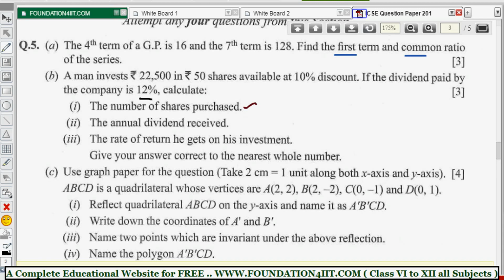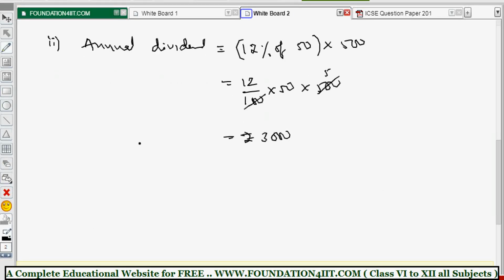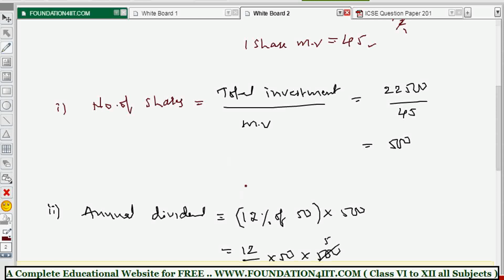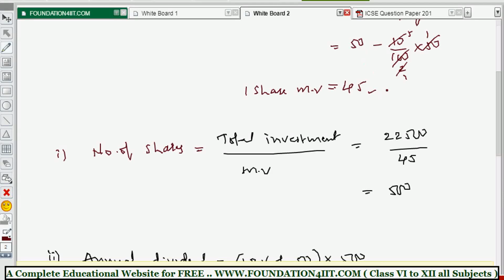Now next is the rate of return he gets on his investment. Rate of return is simple. Rate of return is a percentage. 12% of 50 is 6 rupees. So that is profit on one share divided by market value, which is 45.